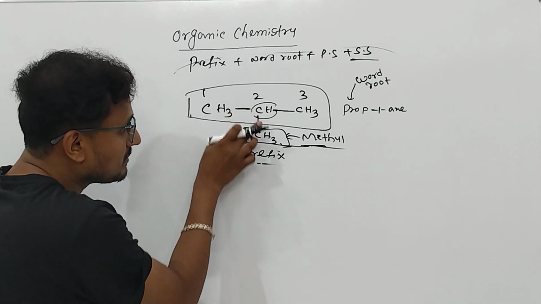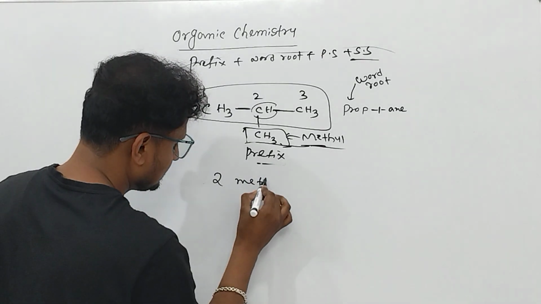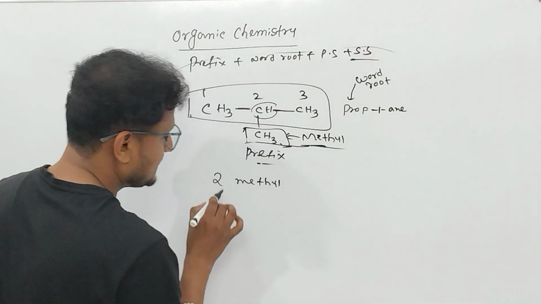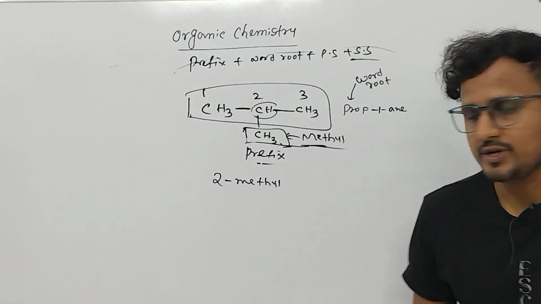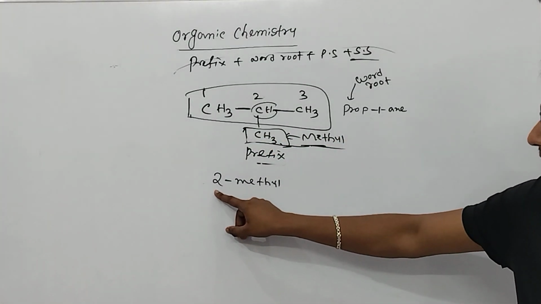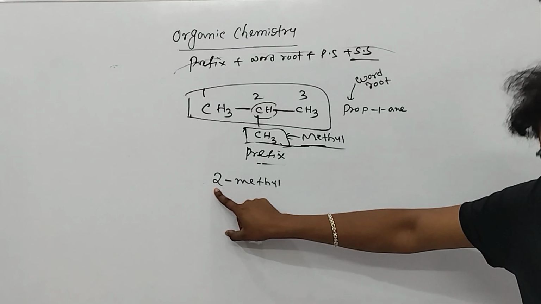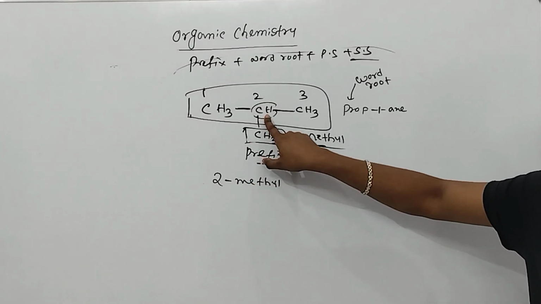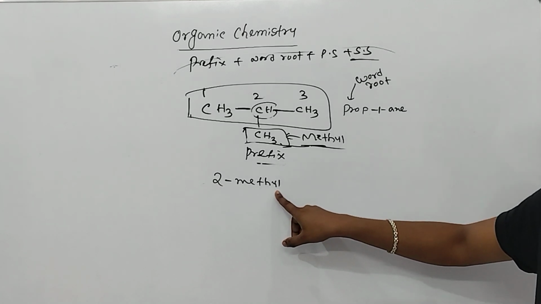So at the number 2 carbon, the methyl group is attached. So it is 2-methyl. Now again this writing is wrong because we have not given a hyphen. 2 is the position of the methyl group at which the methyl group is attached. 2-methyl. Now the word root.